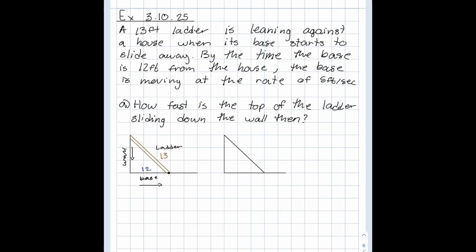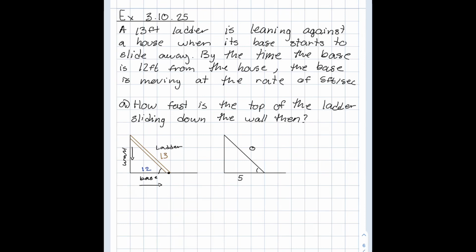The ladder never changes, it's just going to stay, so its rate is 0. The base is changing at a rate of 5 feet per second, so this one is 5. That angle is going to be the same as this angle. Everything's cute and happy.